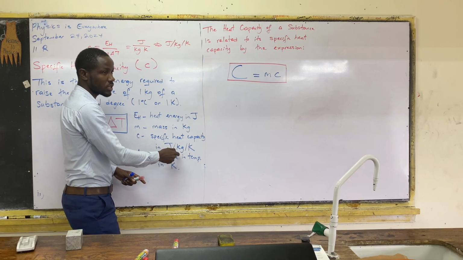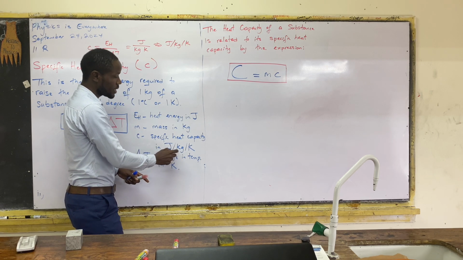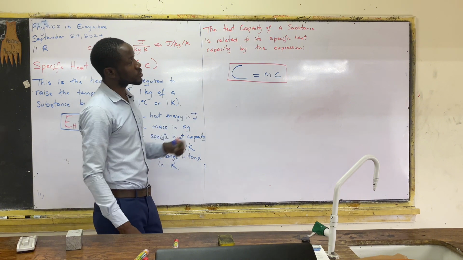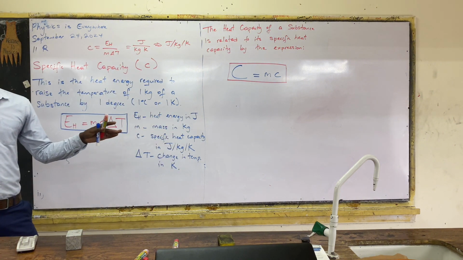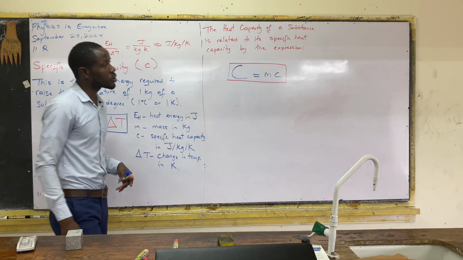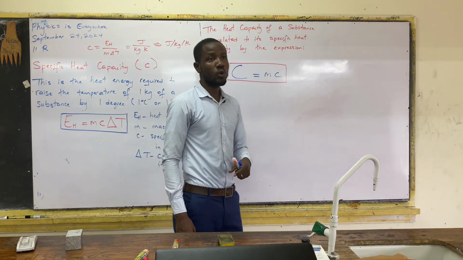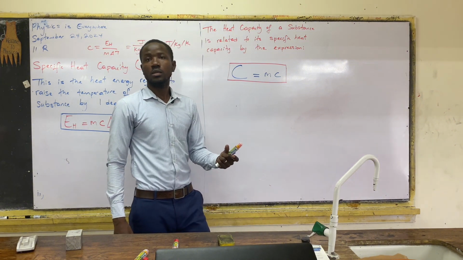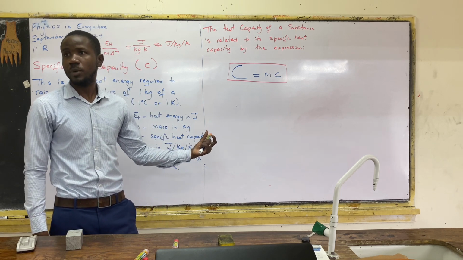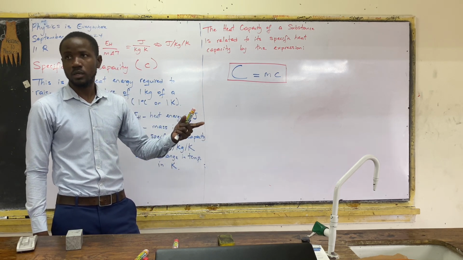The kilograms will cancel off, leaving joule per Kelvin. So it works out. We're going to look at maybe 2 examples, and then talk about how we can experimentally determine the values for the specific heat capacity of a substance using one of 2 methods.